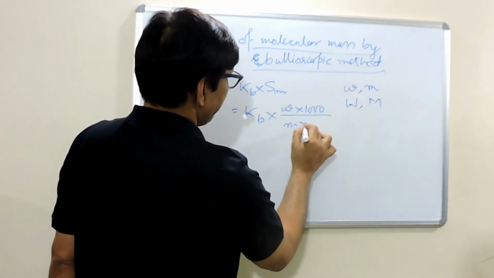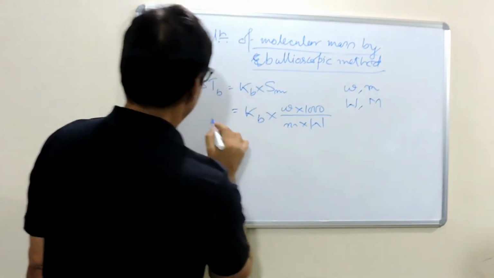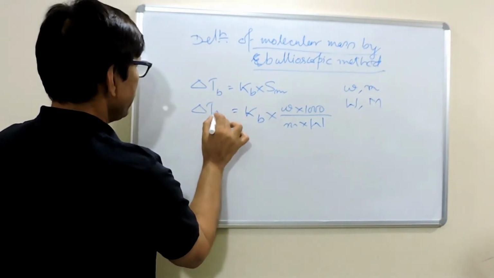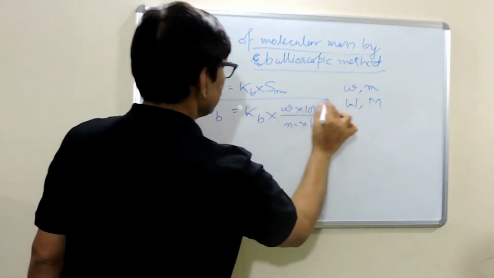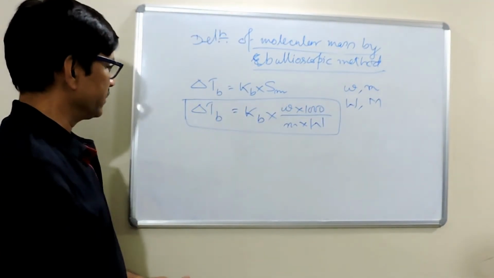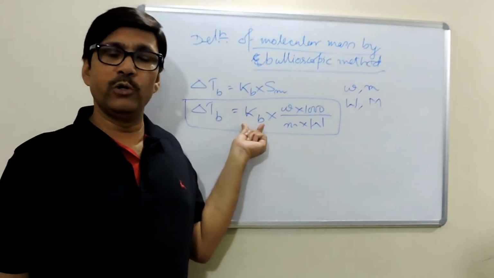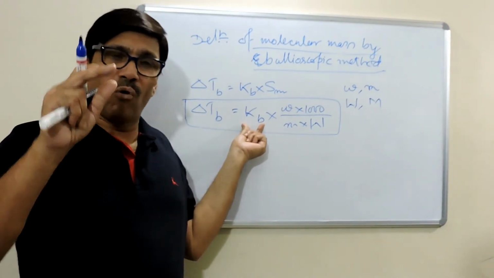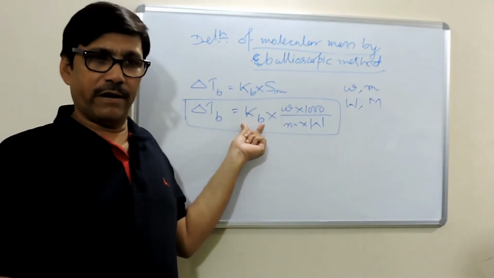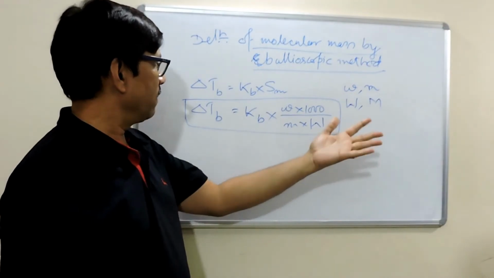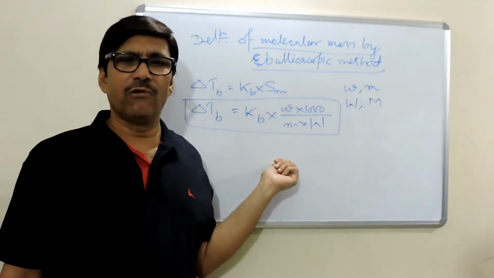M divided by capital W, delta T. So this is the formula we get for elevation in boiling point. Kb is the ebullioscopic constant. I said it is constant for each solvent. For example, for water it is 0.519 approximately.